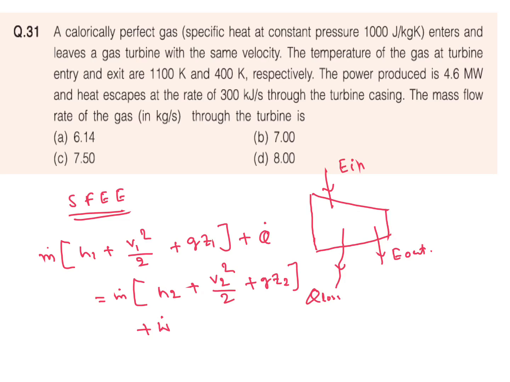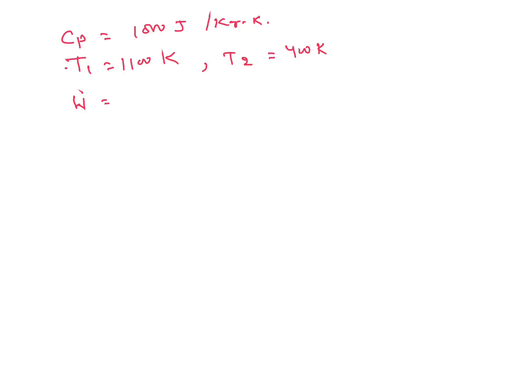Here the data given are Cp equal to 1000 joule per kg Kelvin, T1 1100 Kelvin, T2 400 Kelvin, power or W dot 4.6 megawatt or 4.6 into 10 to the power 3 kilowatt.